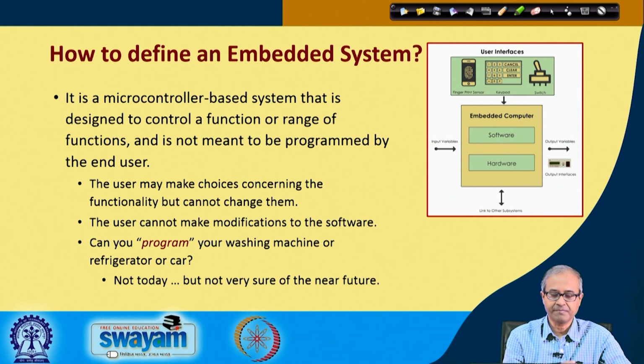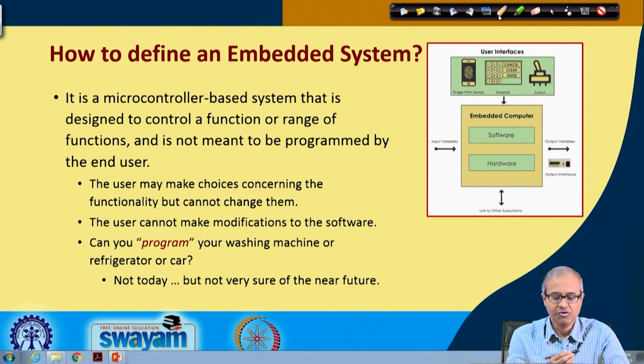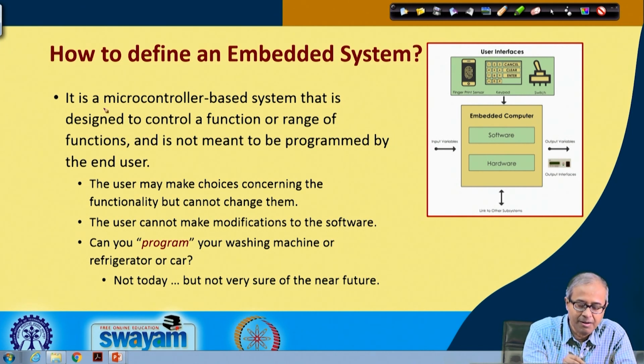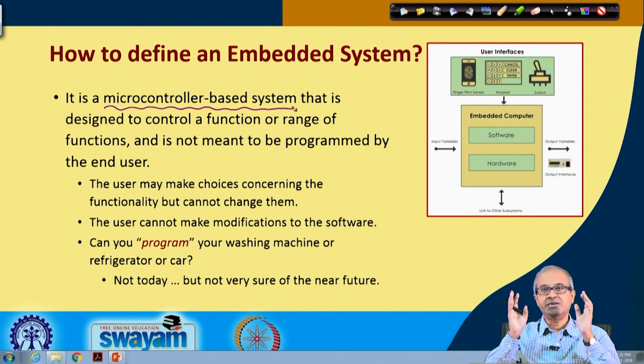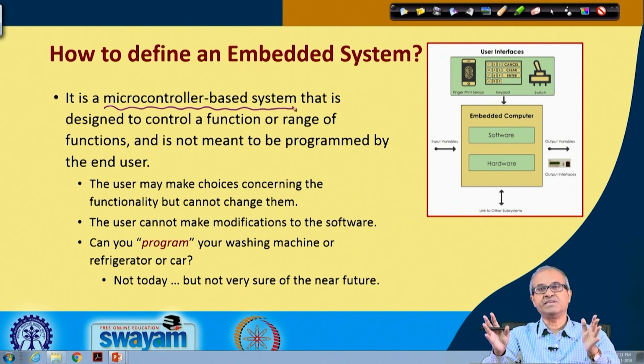Now, how can we define an embedded system based on whatever we talked about so far? Well, an embedded system can be loosely defined as a microcontroller based system. This is true for most embedded systems.